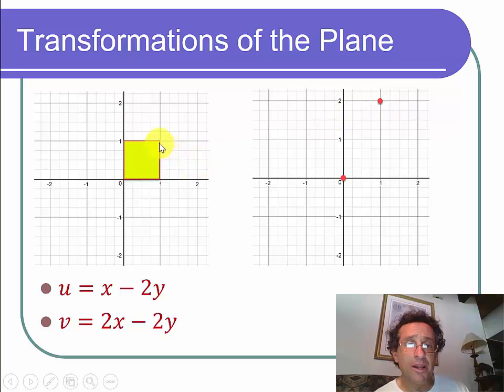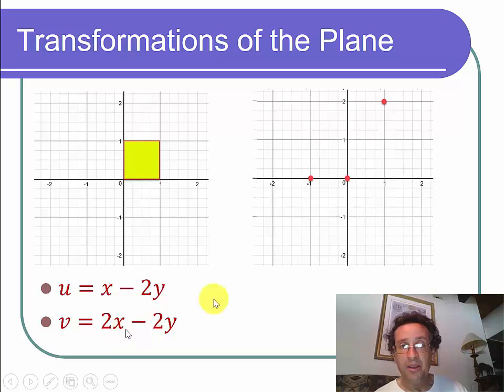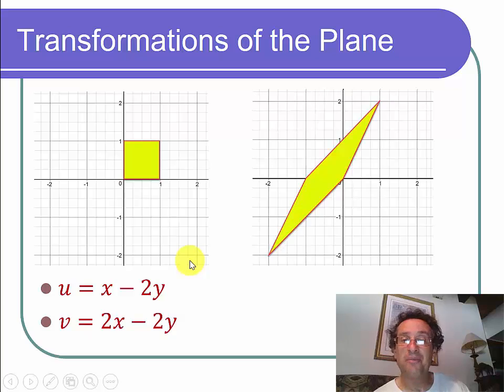If we plug in 1, 1, then we get 1 minus 2 is negative 1, and 2 minus 2 is 0. So we get negative 1, 0. And there's this point. And then finally, if you plug in 0, 1, you get negative 2, negative 2. And that's this fourth point. If we connect the dots and shade in, we don't get a rectangle, we get a parallelogram.